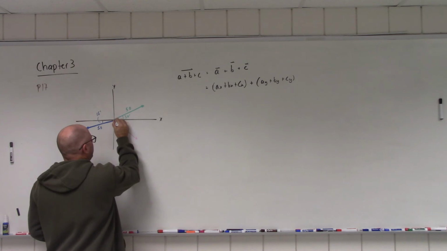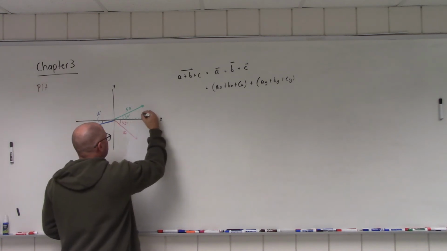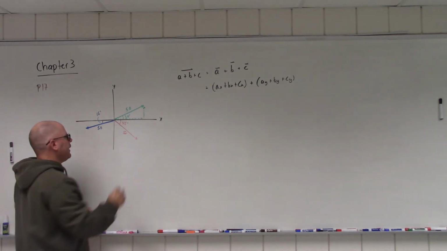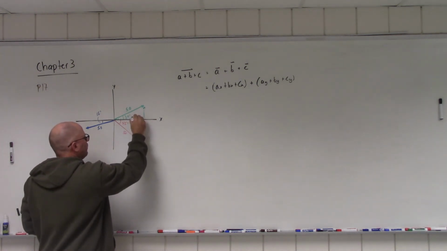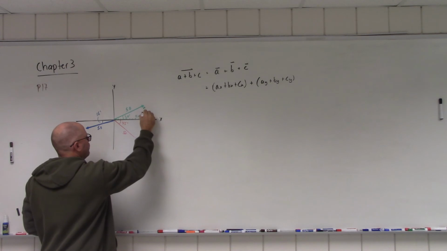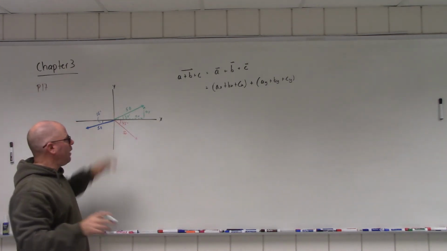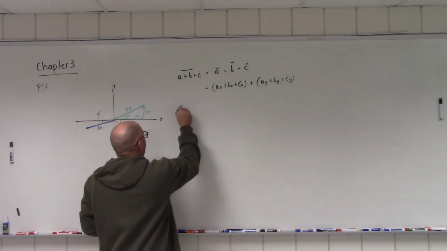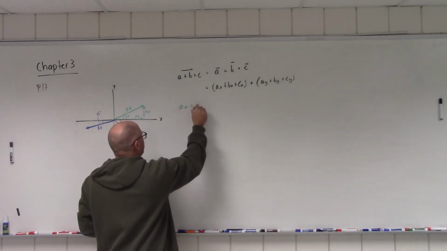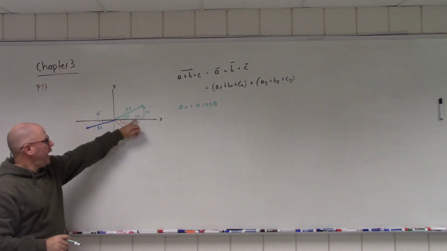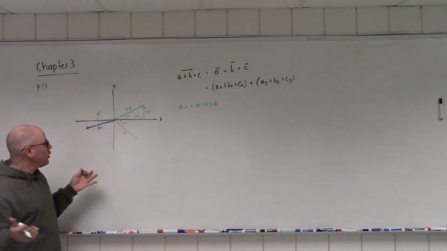So if I look at A, so we have AX and AY here. So I'm just going to use my standard. Now we're starting to get the hang of these things. So A in the X direction is equal to A cosine theta, because AX is the adjacent side, so no problem.